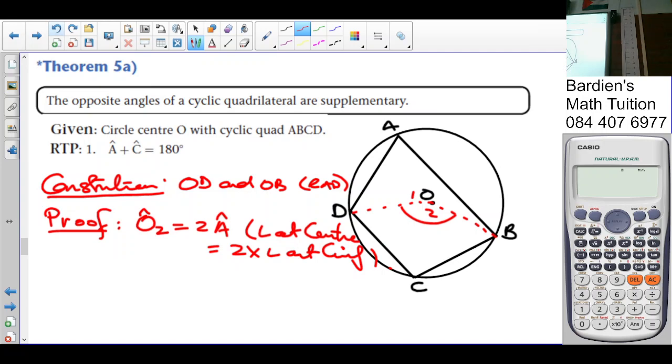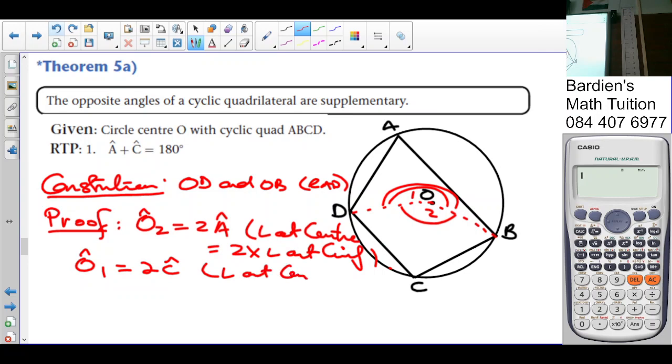Alright. What can we say about O1? Angle O1 is double angle C. Why?